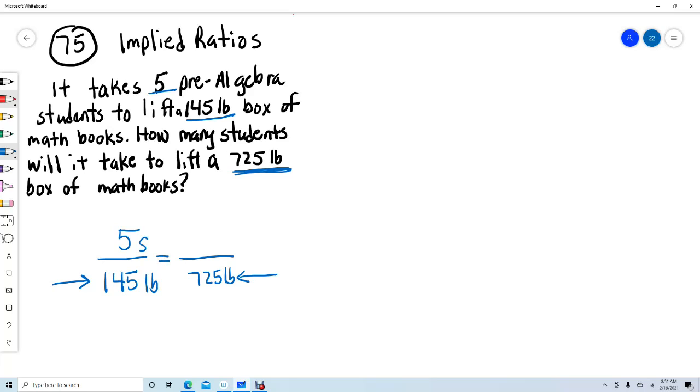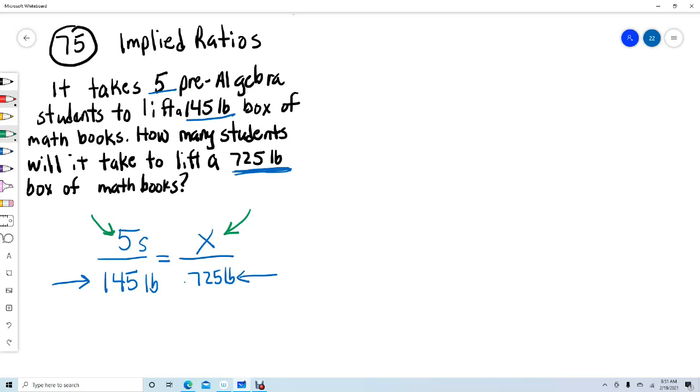We're going to set them equal to each other, and then this is the information we're looking for. If this refers to how many students, then the numerator in the other ratio needs to refer to how many students. All right, so we have 5 is to 145 as some number of students is to 725.